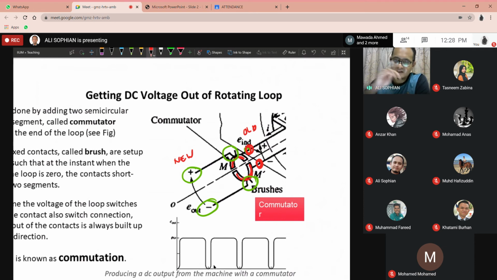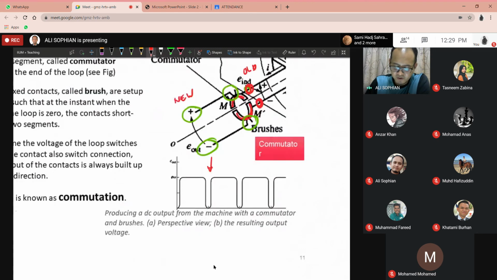The output at the old terminals, or the ends of the loop, is alternating positive and negative. But here it's already converted, or rectified. It becomes more like what you can see on the plot down here. So now the output is like this instead of this. Before it was going positive, negative, positive, negative. Now all the negative side will be converted into positive.